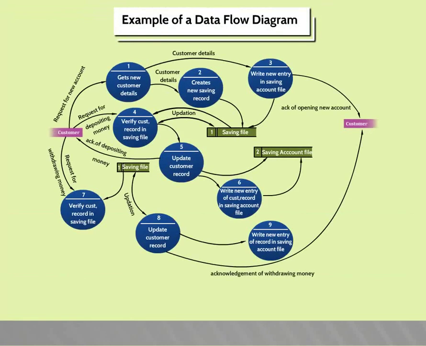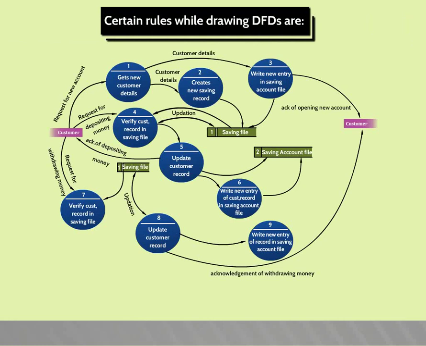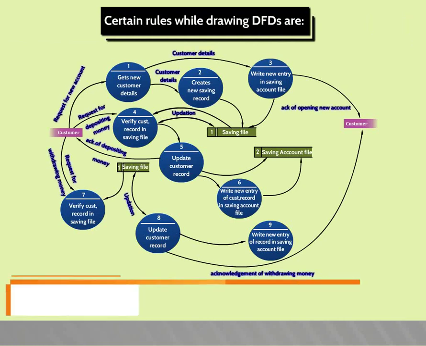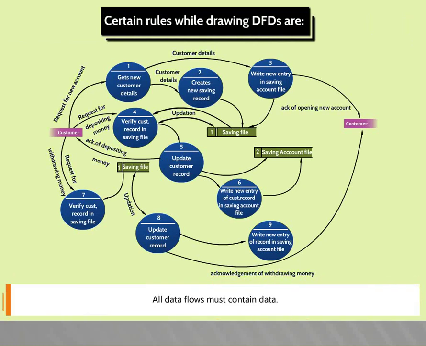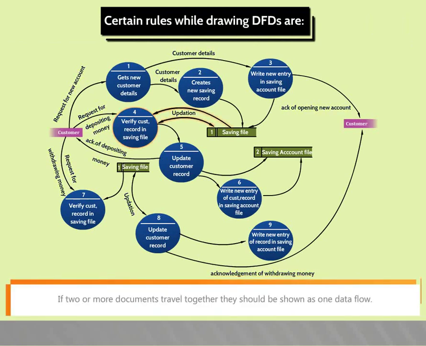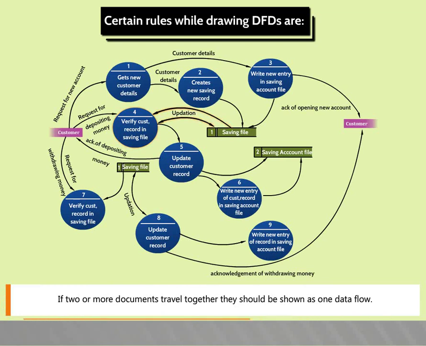Example of a data flow diagram. Certain rules while drawing DFDs are: all data flows must contain data. If 2 or more documents travel together, they should be shown as one data flow.